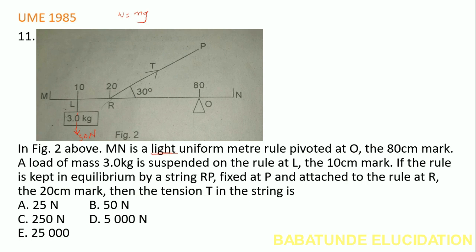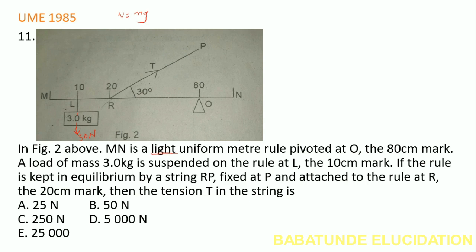We state that the algebraic sum of all the moments of all forces about a point is 0. Another way you could say it is that the sum of anti-clockwise moments of all the forces about a point will be equal to the sum of clockwise moments of all the forces about the same point or axis.